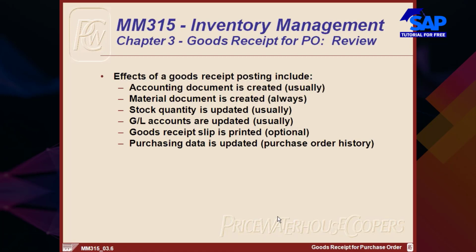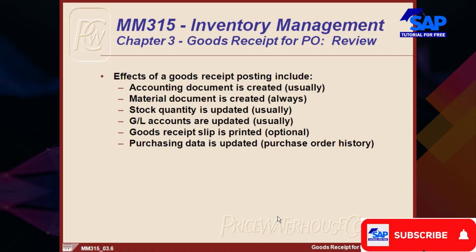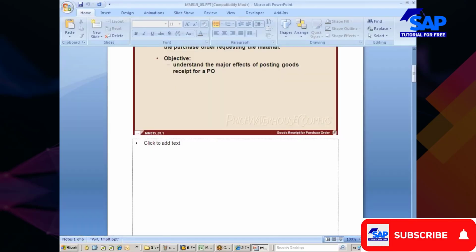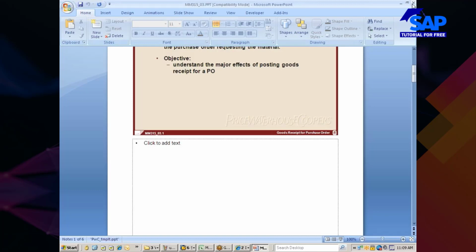If it's non-stock material, stock quantity will not get updated. Stock account will not get updated. Consumption account gets updated. Goods receipt slip is printed if it is required, and purchasing data is updated into the purchase order history tab. Okay, this is the process of goods receipt.